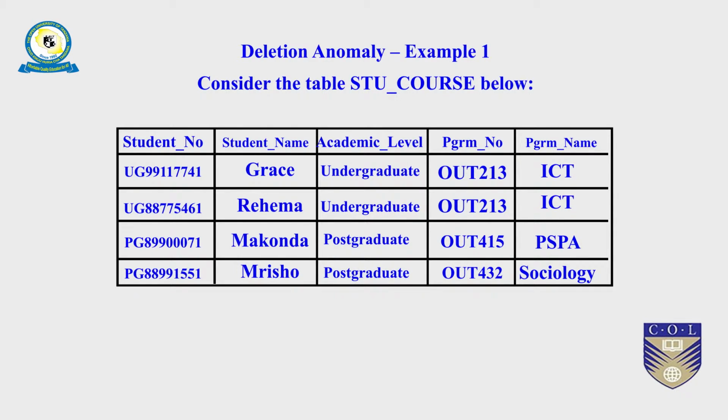For example, we want to delete the student at row number 3. That means the details of the program that this student was taking will also be deleted, but that program may be needed by another student, or it may be needed for record purposes. So this is not very good database design. It's a very poor database design.